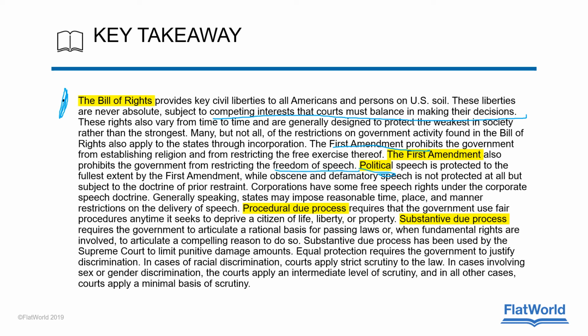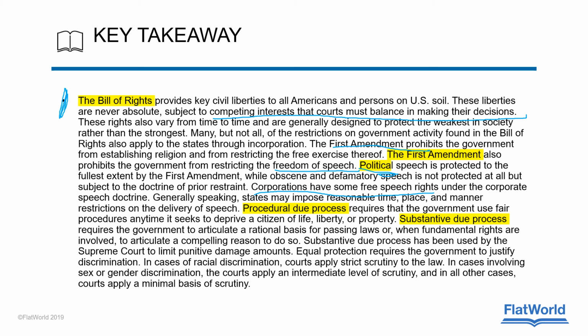Political speech is protected to the fullest extent by the First Amendment, while obscene and defamatory speech is not protected at all. Corporations, due to recent court decisions, have some free speech rights under the corporate speech doctrine. So corporations are treated like people.